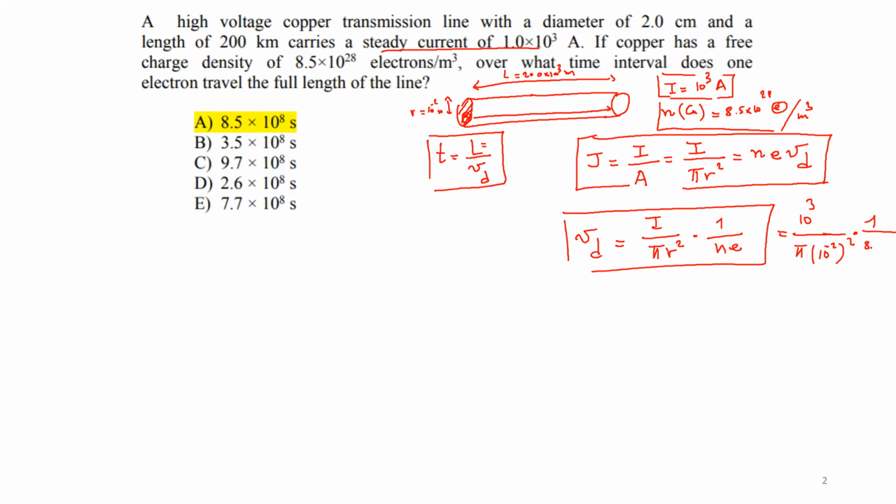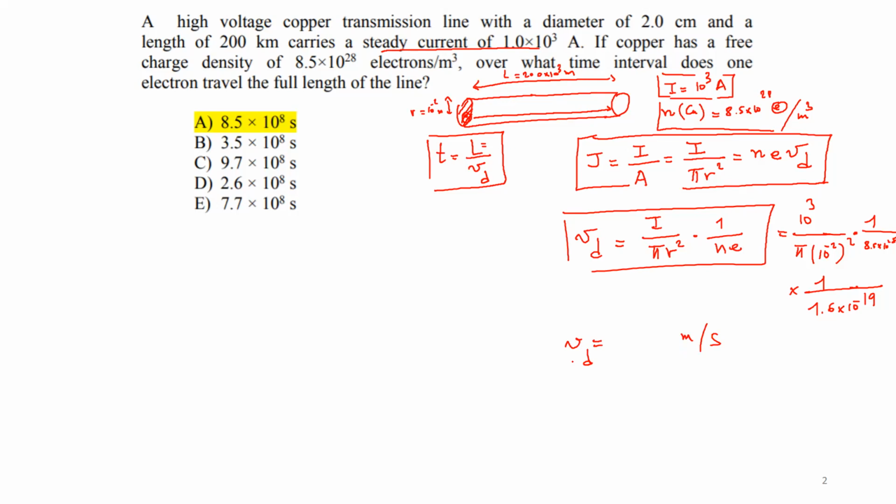N is 8.5 times 10 to the power 28. But don't forget to multiply by e. Let me write it down here. I don't have space here, but you multiply by e at the denominator. So e is 1.6 times 10 to the power minus 19. You put everything in SI units. So of course, your V_D will be in meters per second.